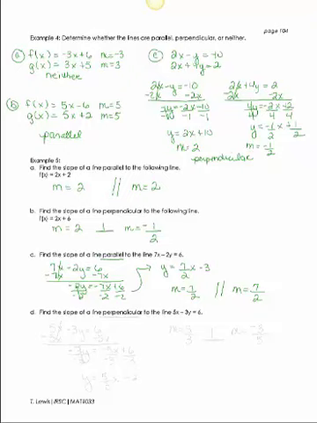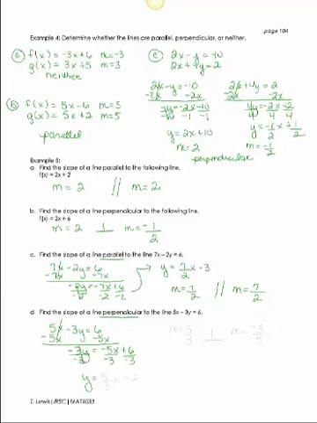And last example, find the slope of a line perpendicular to the line 5x minus 3y equals 6. So let's solve for y. Subtract 5x from both sides. We have negative 3y is equal to negative 5x plus 6. Divide by negative 3.